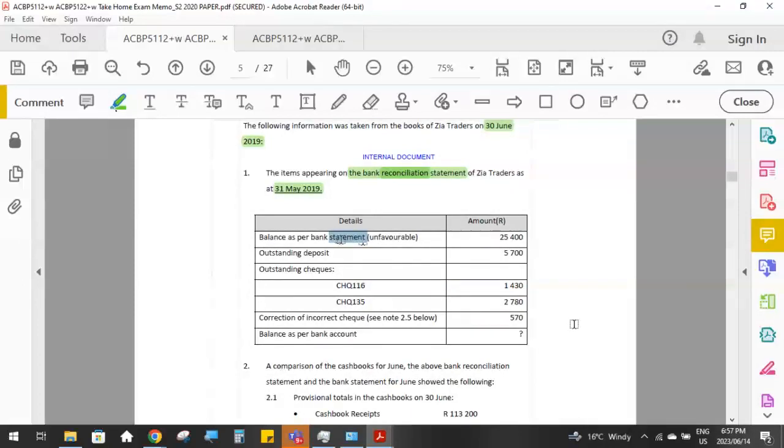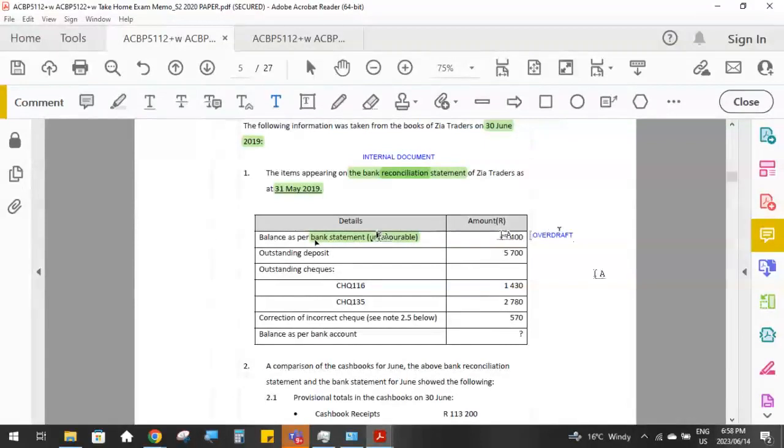Balance as per your bank statement. So that means as per the bank statement that you received from the bank, and you must always indicate whether that is favorable or unfavorable. It was unfavorable, which means that is an overdraft. You owed the bank money at the end of the previous month.